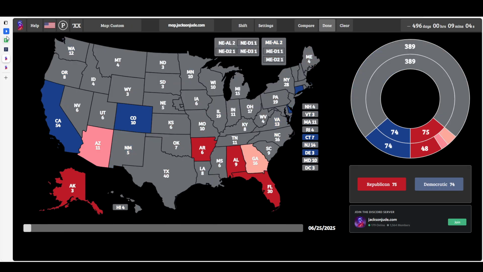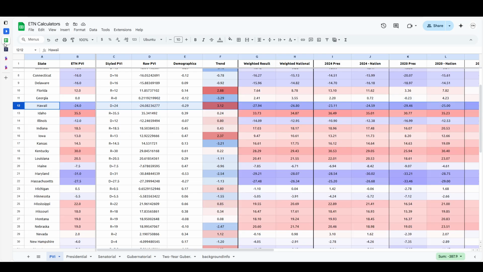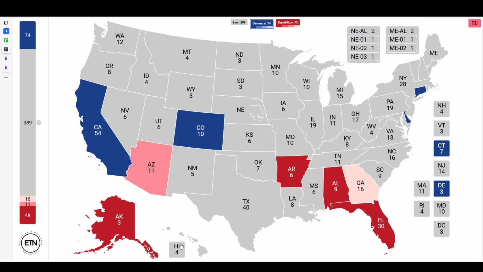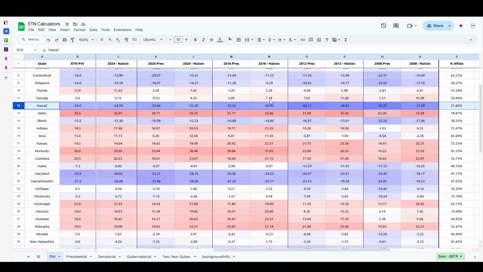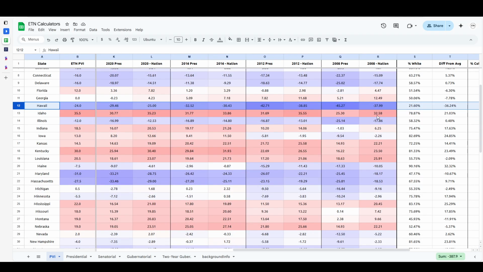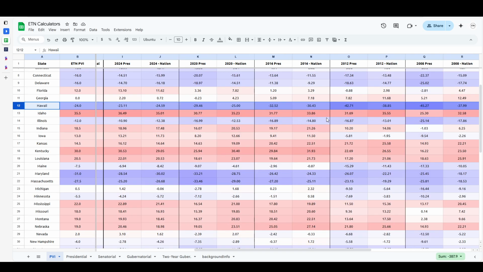So next we're going to be looking into Hawaii, D plus 24. Again, this is a right trending state, so this is somewhat concerning, you could say, but D plus 24 isn't anywhere close by any means, but it does also not help that it voted for Obama by a lot because he was from the state of Hawaii, and then it went down very quickly to 30, 25, 24.6.